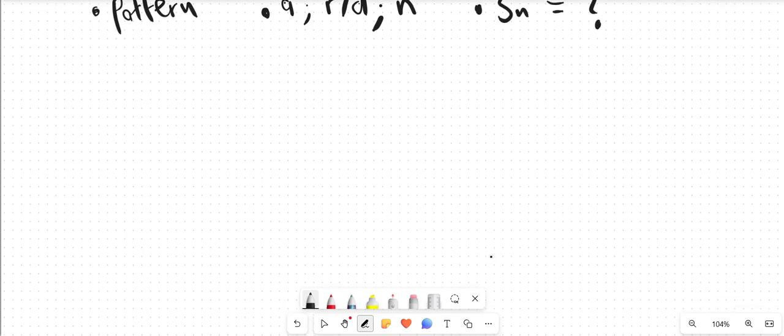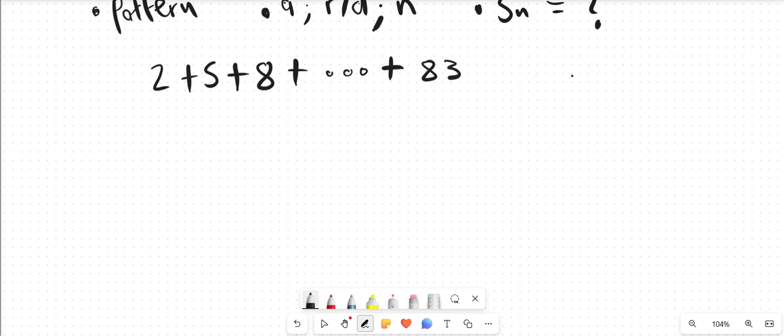But sometimes they want you to take a pattern and actually write it in sigma notation. So how does that work? Let's take the series 2, 5, 8, and this is being added up all the way to 83. So the first thing we need to establish is what is our a.